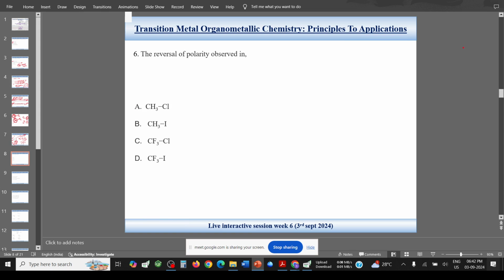The next question is the reversal of polarity observed in. This is also another very important question. Methyl chloride, methyl iodide, trifluoromethyl chloride or trifluoromethyl iodide.